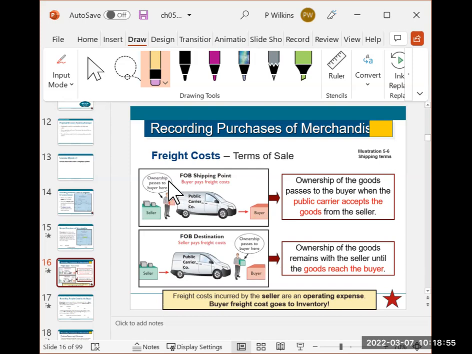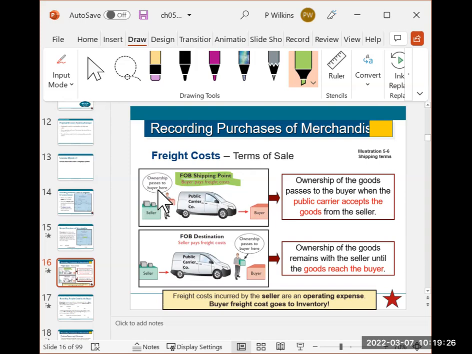So if it's FOB shipping point, then the buyer pays for the freight, okay? And here's a note that you need to make. If the buyer pays for the freight, the cost of freight goes to inventory. When you're the buyer, everything goes to inventory. Just make a note of that. And you'll see what I mean when we get through some of the things here, okay?